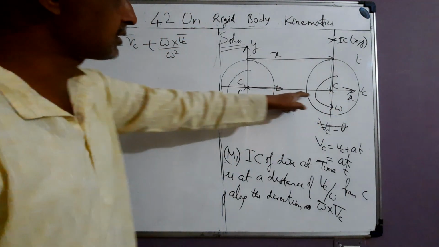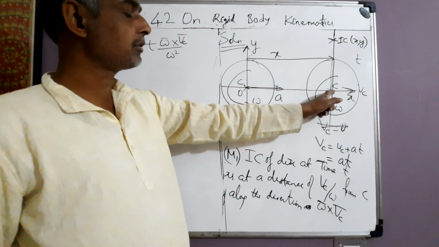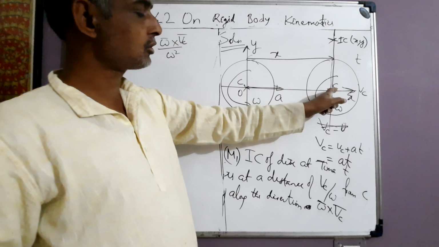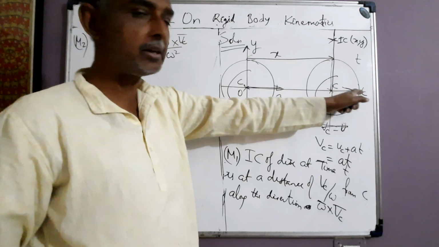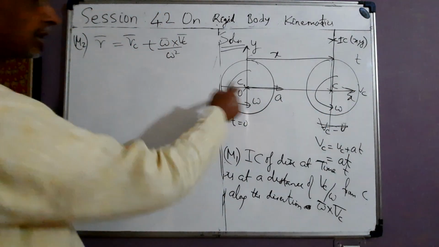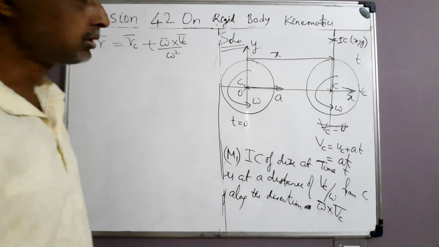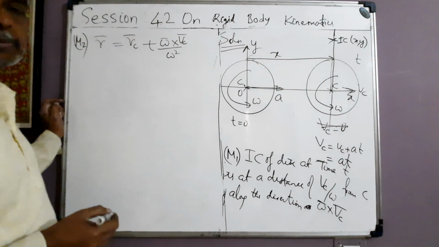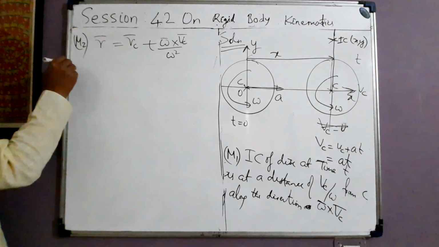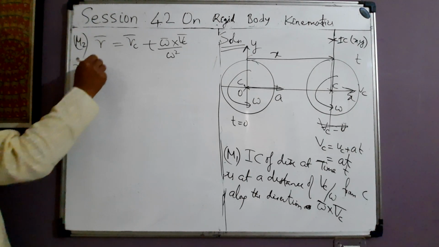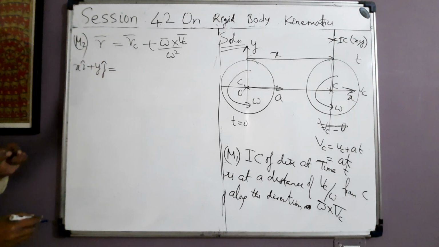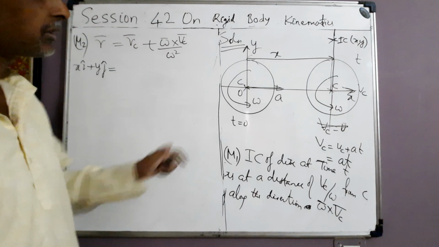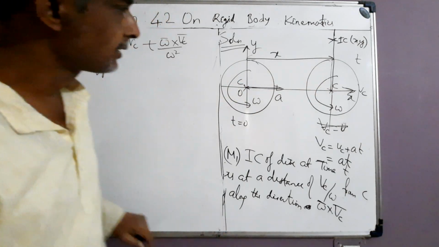Here, the coordinate of center C of the disk at time t is known, and the velocity of center C of the disk at time t is also known. So instead of point P we take point C of the disk, and this formula we apply. Now R is the position vector of IC of the disk with respect to the ground at time t, so R will be written as x i hat plus y j hat. Rc is just the position vector of center C of the disk at time t.